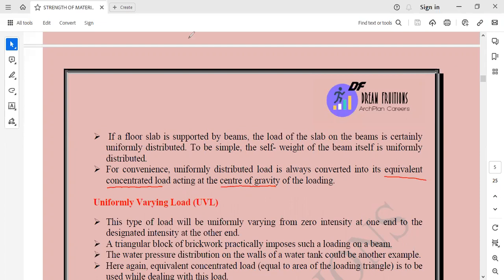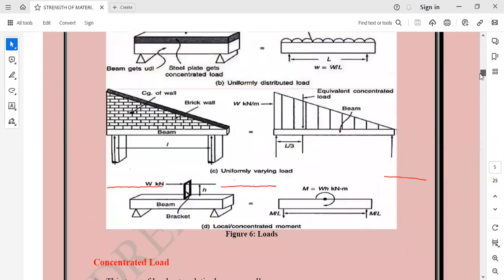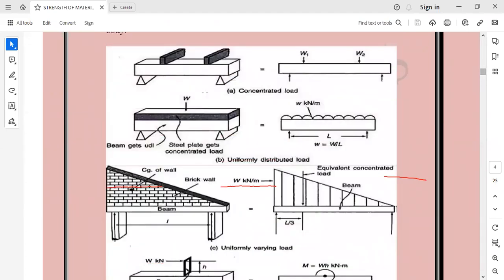So for the calculation purposes, we assume that the total weight of the uniformly distributed load, that is W, is acting at the center of gravity of the load. This is only for the calculation purposes.